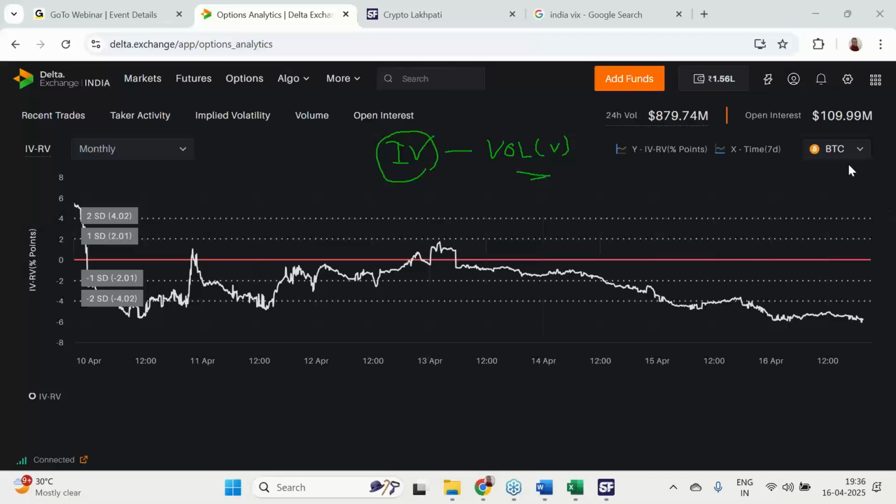So what should you infer from here? It is now negative 5.77. That means the volatility of the underlying asset is more, and the IV of the options is 5.77% less. What does it mean?